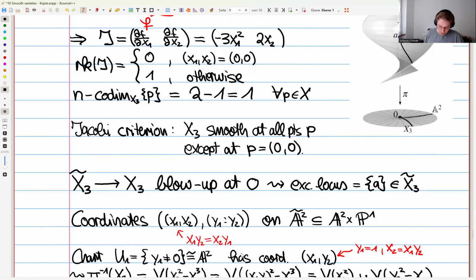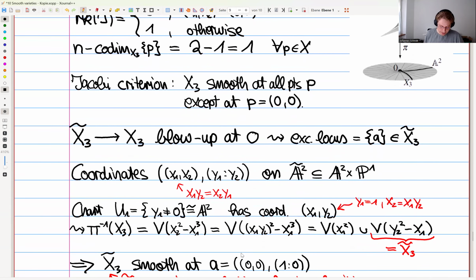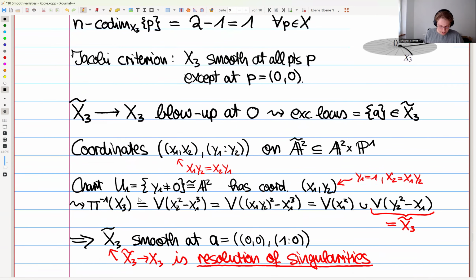To do a concrete calculation, let's look at a particular chart, where y1 is non-zero. That's one of the two patches of the P1 coordinate. This chart is just isomorphic to A2 with coordinates x1 and y2, because being in the chart y1 non-zero in P1 means you can just set y1 to be 1 and then have one more coordinate y2.